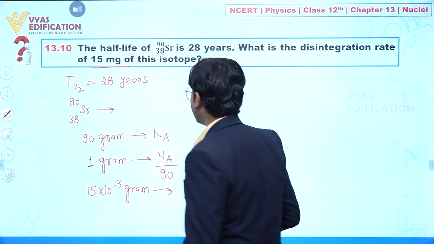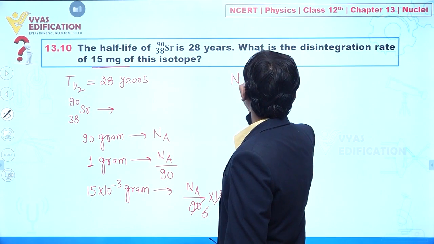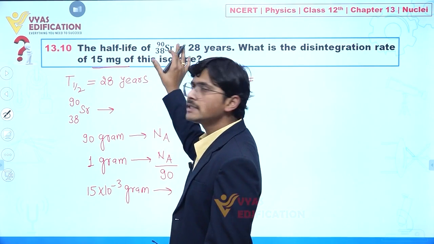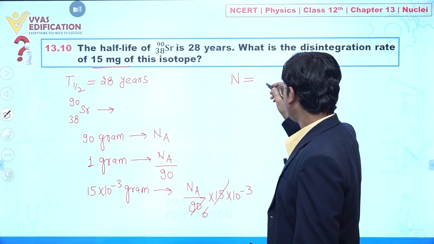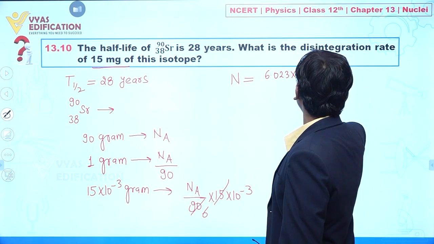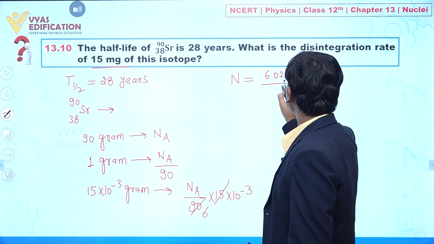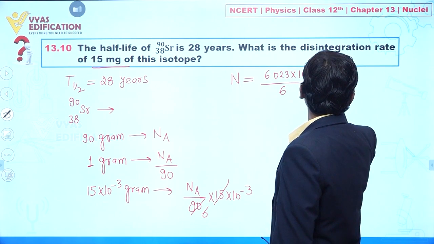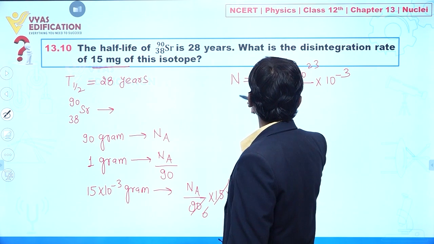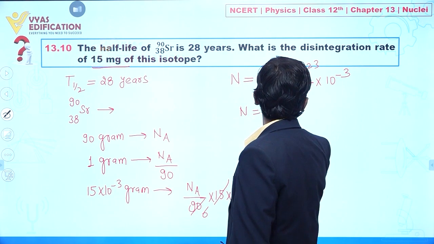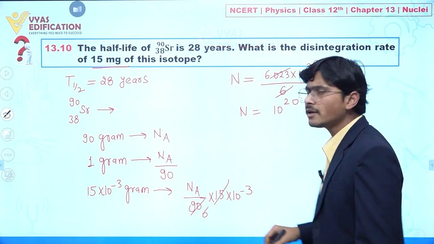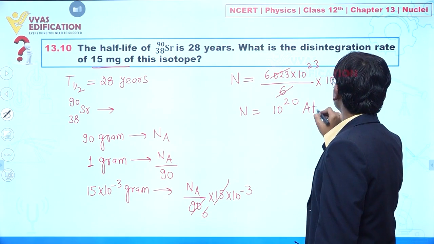So I am getting the value of capital N, the total number of atoms present in the 15 milligram of this sample. It will be written like this: 6.023 into 10 to the power 23 divided by 6, multiplied by 10 to the power minus 3. Near about, if we cancel, this is near about 1, so it will be equal to near about 10 to the power 20 atoms present.